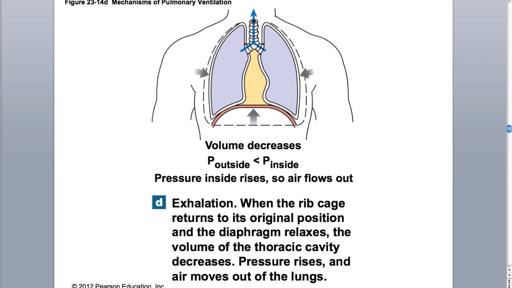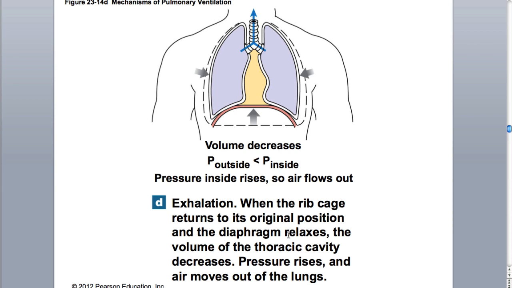Next slide. For exhaling, we do the opposite. We're going to bring the rib cage down and we're going to relax the diaphragm. Notice it says, bring the rib cage down and relax the diaphragm. That will do what?